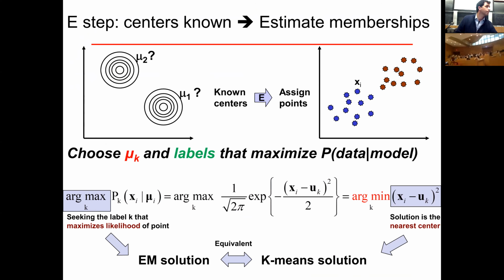Yes? In this formulation, we can only fit the cluster center, but not the cluster shape. I believe that's the next slide. It's a very good question, and I'm going to come back to that.